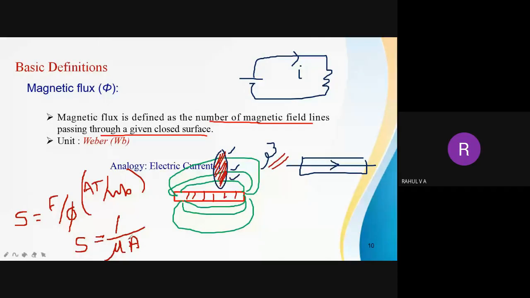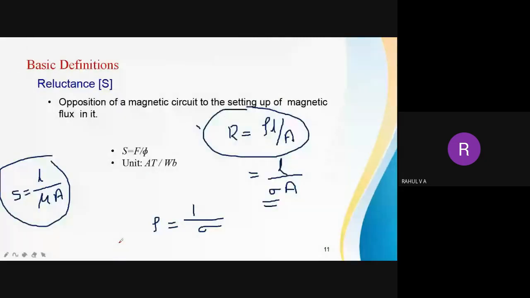What is flux density? What is magnetic flux density? Magnetic flux density is flux per unit area at right angles to the direction of the flux. Okay, which letter is used to denote magnetic flux density?